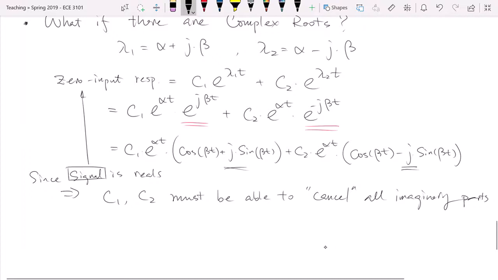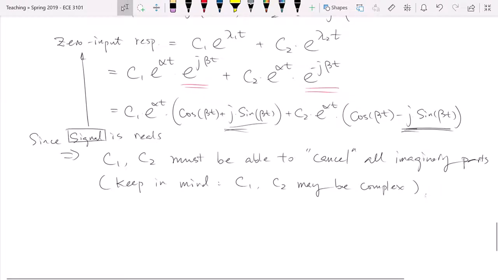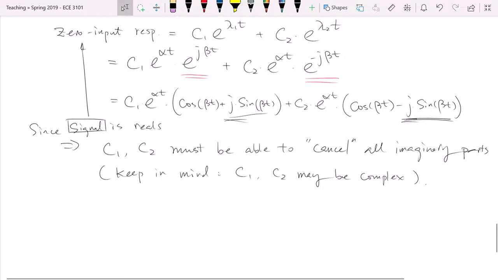You have this two being imaginary, but also I didn't say anything about C1, C2, so you should keep in mind C1, C2 may be complex numbers too. There's no assumption that C1, C2 has to be real.